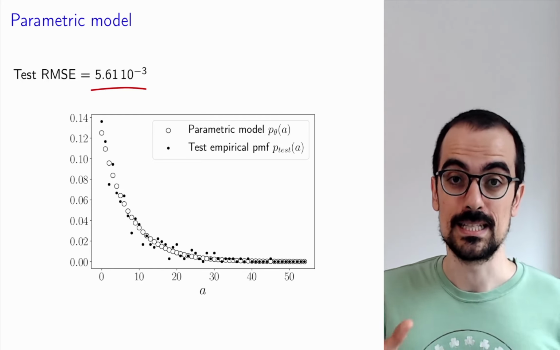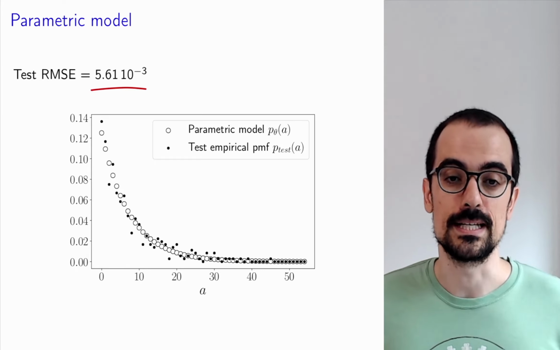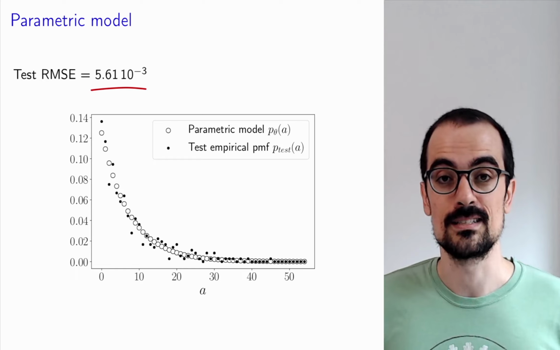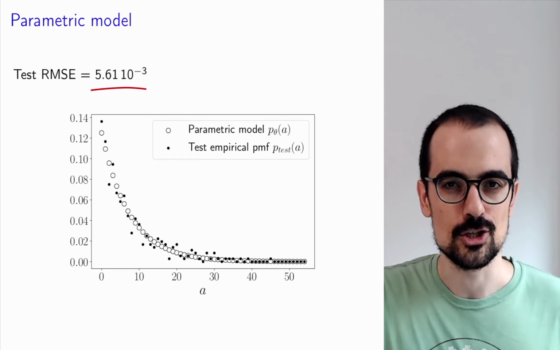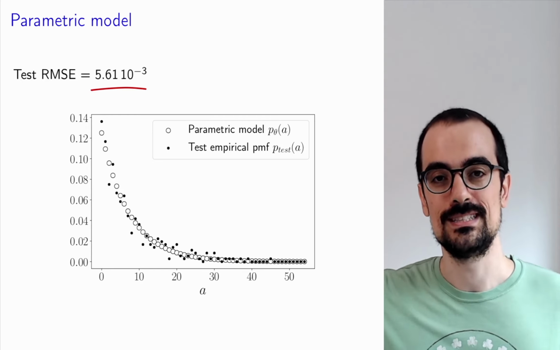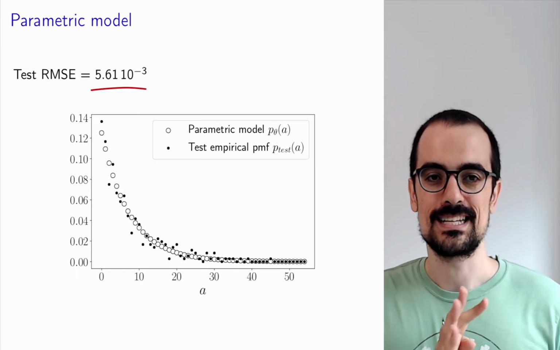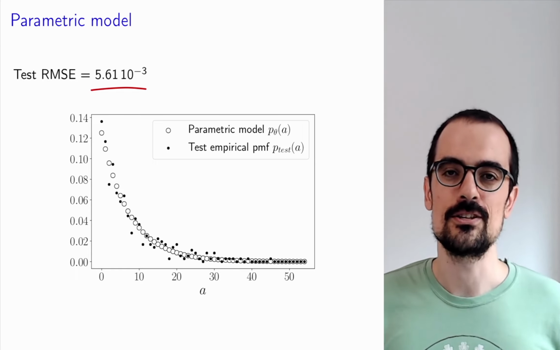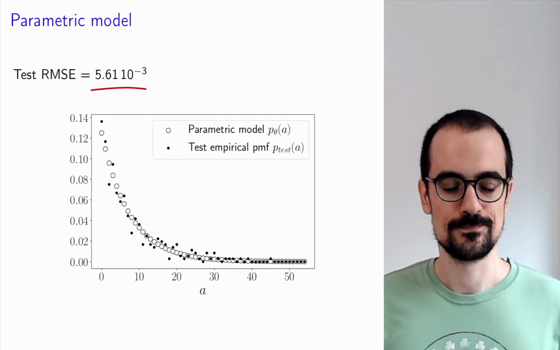But in this particular regime, the parametric model performs better because it's not as noisy as the non-parametric model. You might be wondering, but wait a minute, it's making assumptions that are not true. And that's life. You're always going to design models that are wrong. They need to be useful. And in this case, the parametric model is more useful than the other, probably because the assumptions are wrong, but they're not completely crazy.